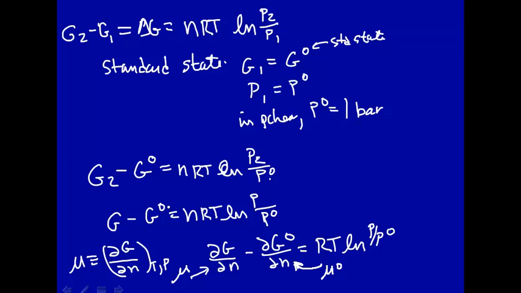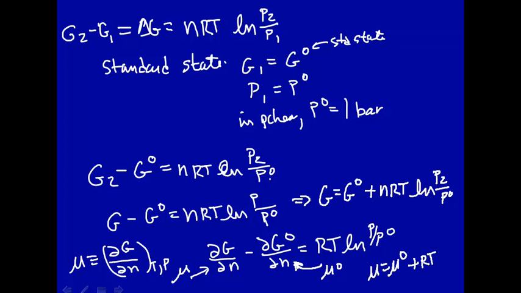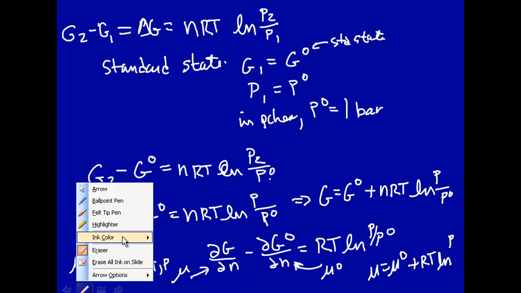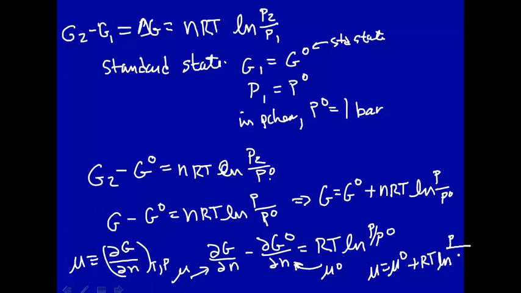Okay, so if we combine these, G minus G0, or let's rewrite this as G is equal to G0 plus nRT natural log of P over P0. And we write this as mu is equal to mu0 plus RT, the n goes away, natural log of pressure divided by P0.